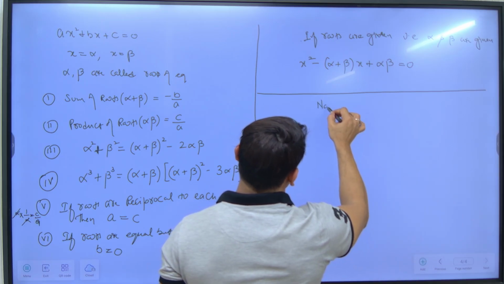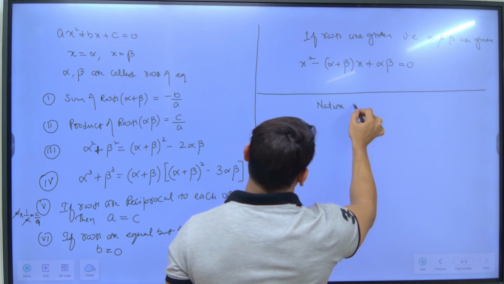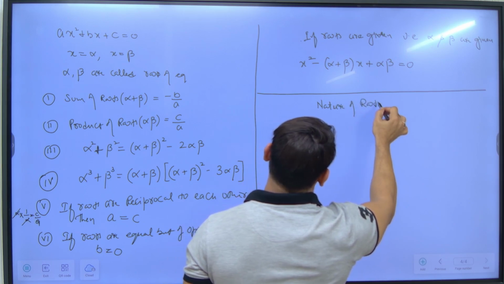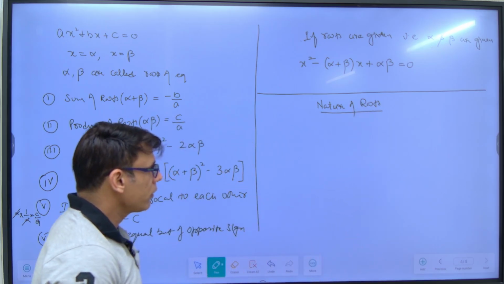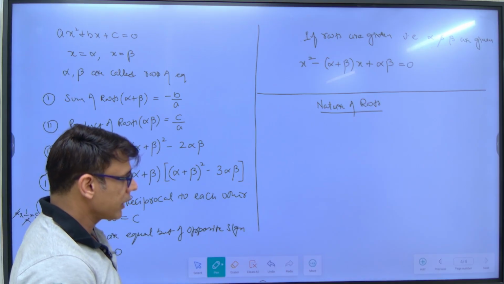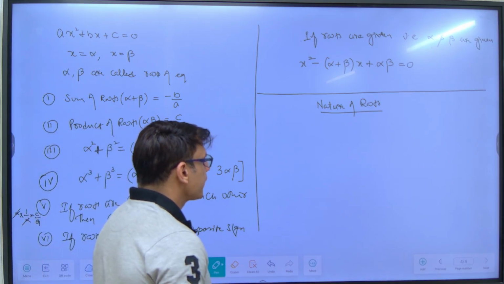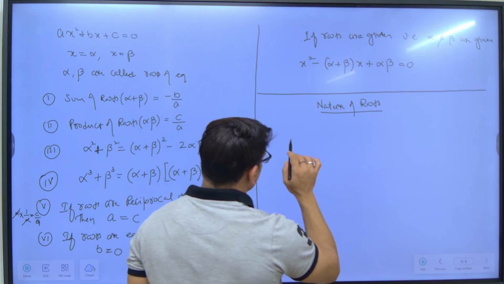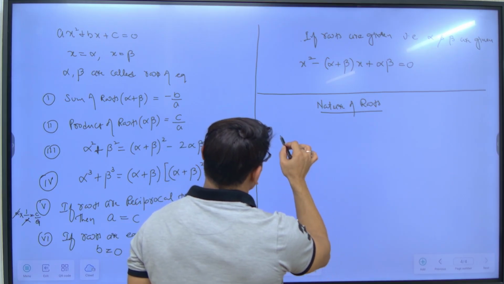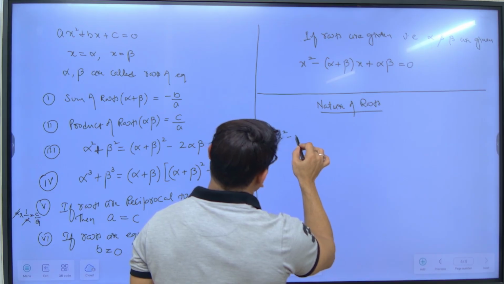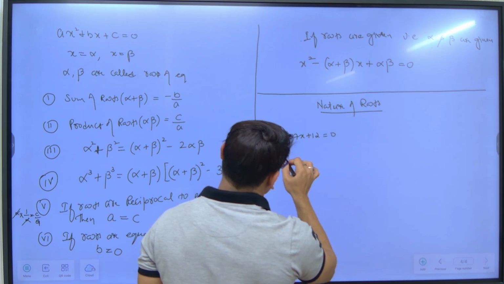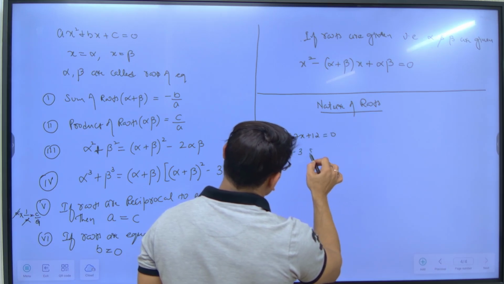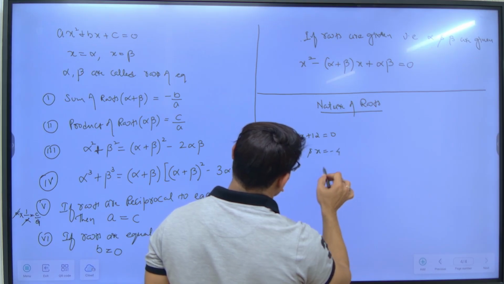Next is nature of roots. When we solve a quadratic equation, you get different types of roots. So we will come to know about the nature of roots. For example, for the equation x square plus 7x plus 12, which I just solved, we got x is equal to minus 3 and x is equal to minus 4.